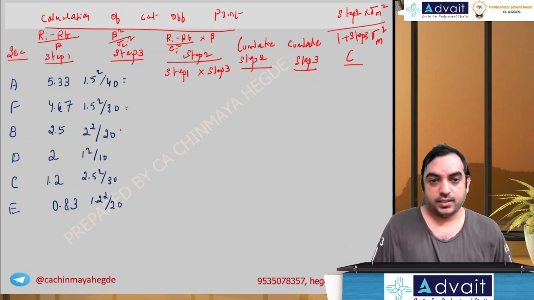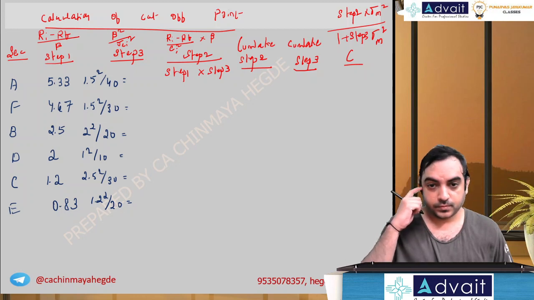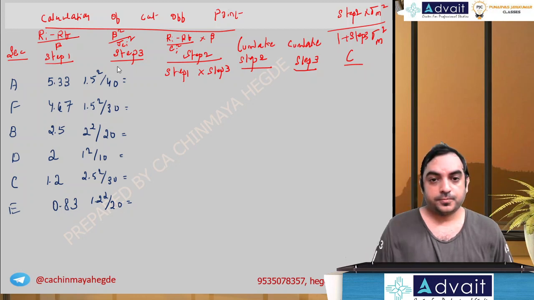Let's see if I get these numbers. 1.5 square divided by 40 is 0.056. You can take 3 decimals, 4 decimals, everything is fine.